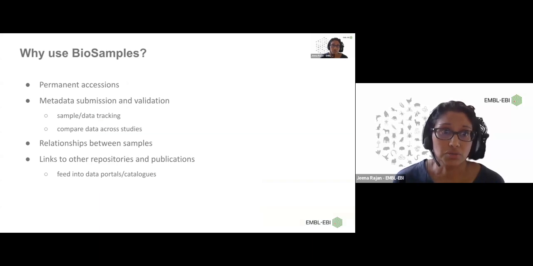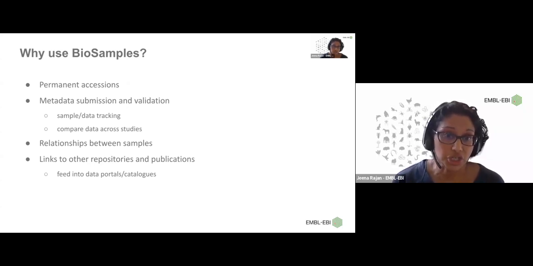So just to finish off, why do we want to use BioSamples and why do we care about our sample metadata? BioSamples issues permanent accessions and enables metadata submission and, very importantly, validation around this for consistency. This in turn enables sample and data tracking and allows comparison of data across studies.